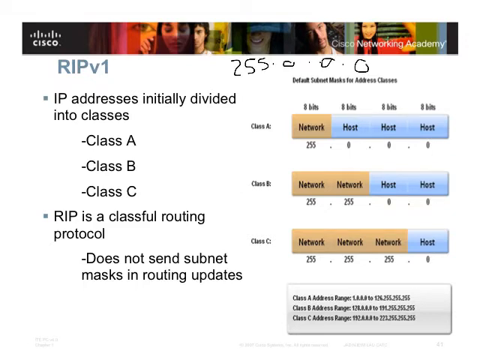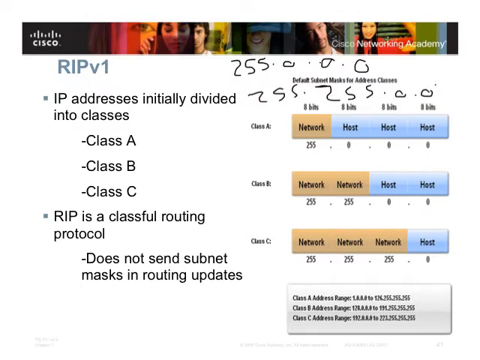This is the subnet mask for class A all the time. If it's class B, then it's 255.255.0.0. And if it's class C, then there are three 255s and then 0.